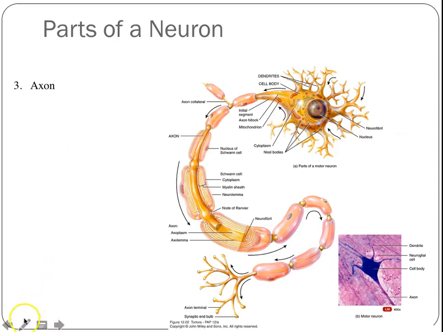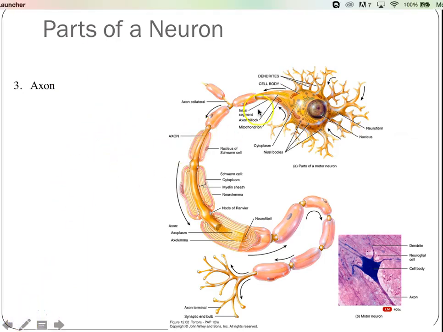Okay, so in the axon then, this long stalk coming off of the dendrite is going to be the axon.